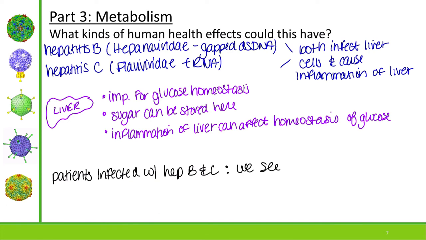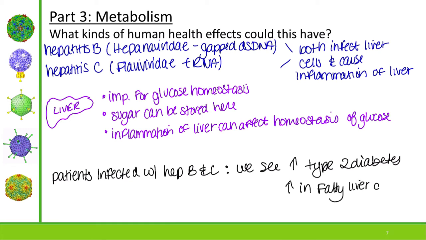So you might be asking yourselves, why do we see an increase in type 2 diabetes and an increase in fatty liver disease? And the short answer is it has to do with how these viruses affect homeostasis of glucose and how they affect the production of fatty acids.